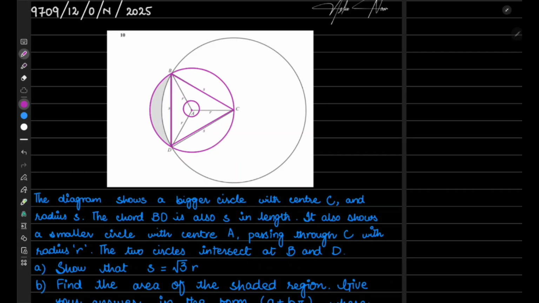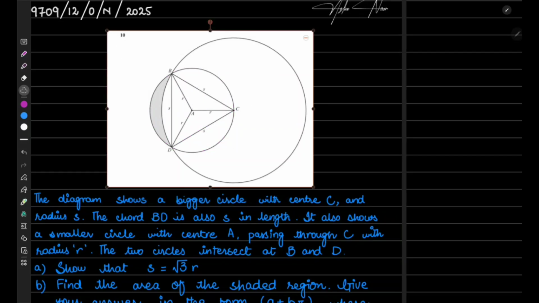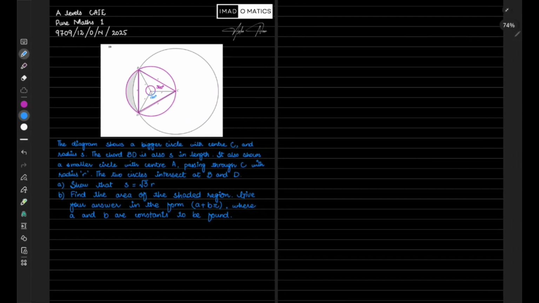So the sum of all angles must be 360 degrees, and one of them must be 1/3 of this 360, because these are all like equilateral triangles, or this whole circle is split into 3 parts. So this one angle is 120 degrees.